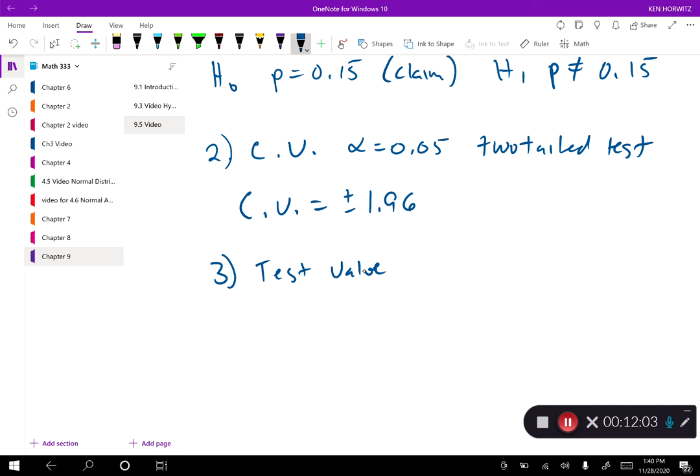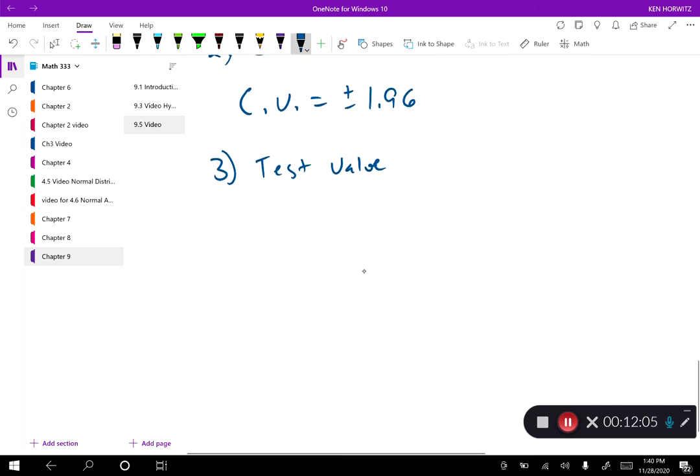All right, I'm going to use the same formula I did before. So I'm just going to fill it in this time. My p hat is 0.19. All right, because what I did was I took my 38 who dropped out over my sample size of 200.